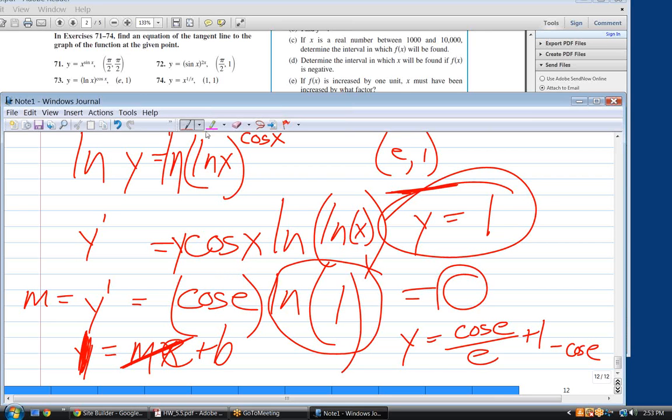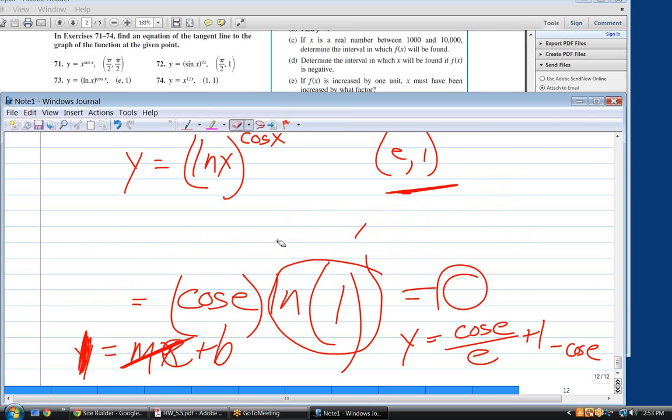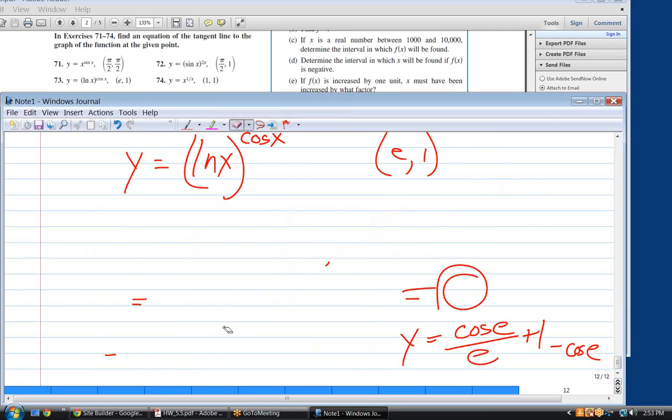Let's go back and do it again. Did I make a mistake on it? This was 73, right? Yes. Started with natural log of x raised to the cosine of x. Okay, we take the natural log of both sides.